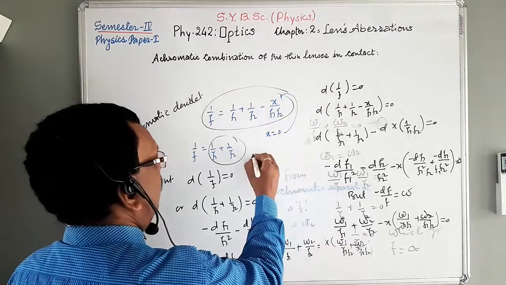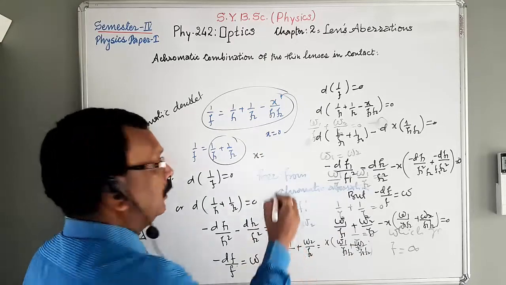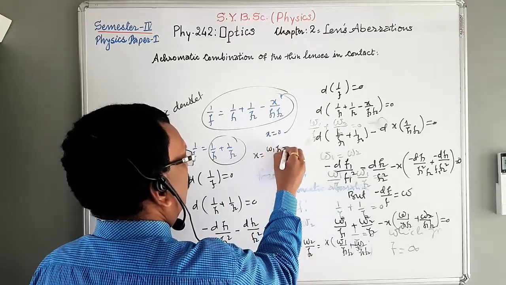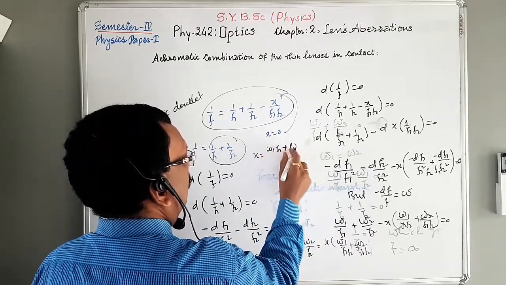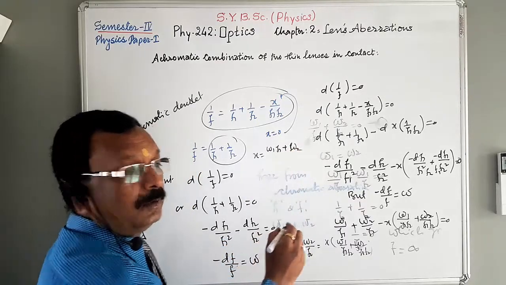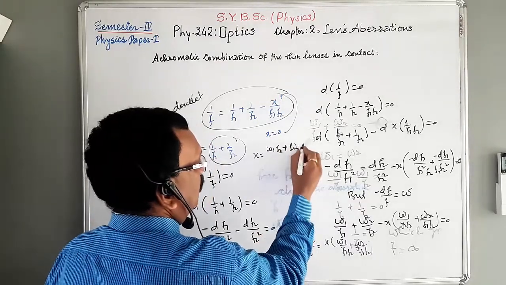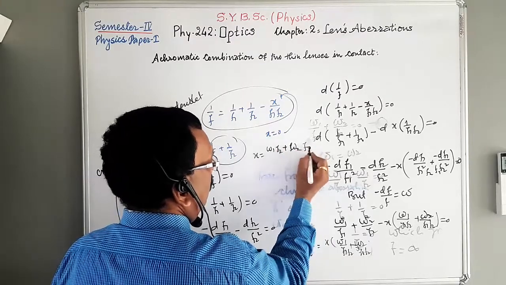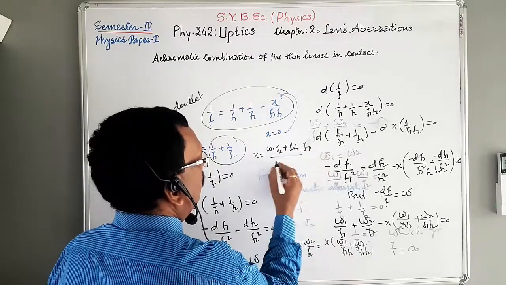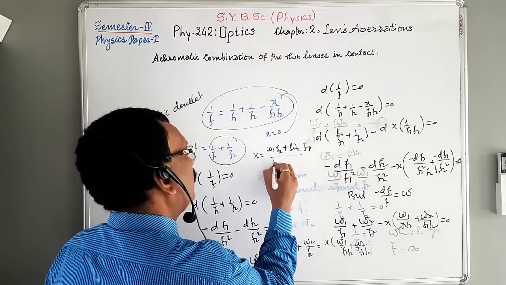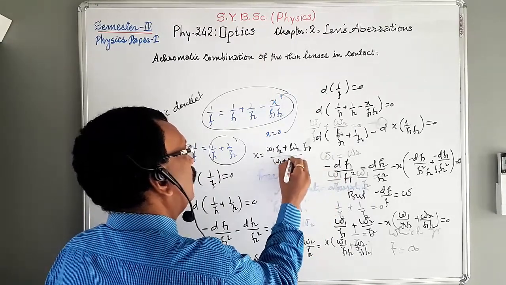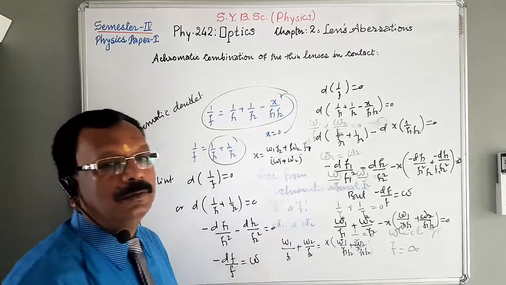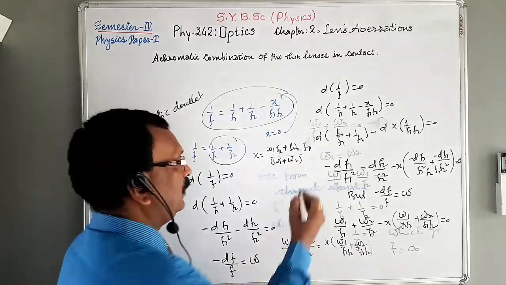We have x is equal to (omega 1 f2 plus omega 2 f1) upon omega 1 plus omega 2, when we solve this. Suppose this is equation 1.